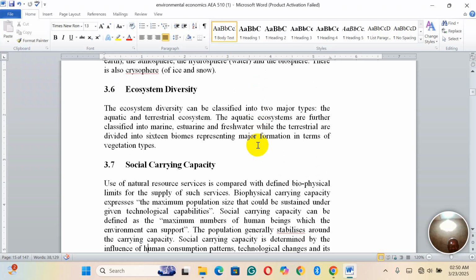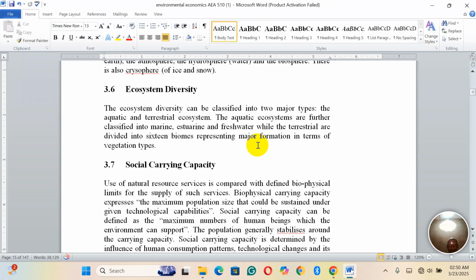The ecosystem diversity can be classified into two major types, the aquatic and terrestrial ecosystem. The aquatic ecosystems are further classified into marine, estuary, and freshwater, while the terrestrial are divided into the 16 biomes, which represent major formations in terms of vegetation type.